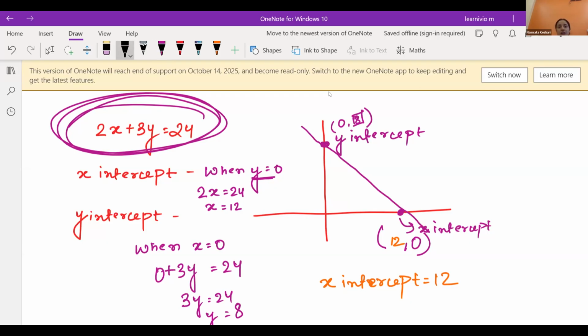So you need to understand that on this line there are so many points. It contains infinitely many coordinates. But these two coordinates which we found just now are really important coordinates known as x-intercept and y-intercept. Is it clear so far?